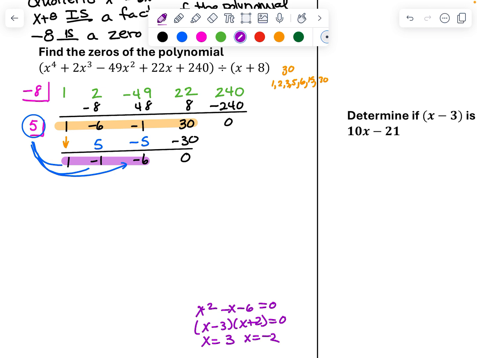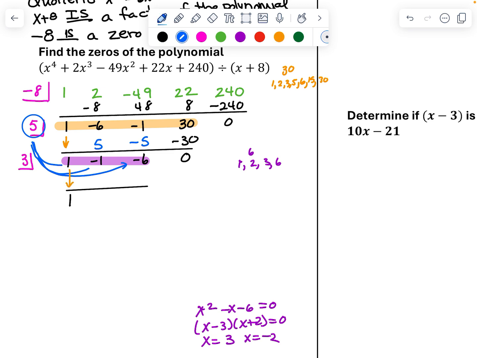That's fine. So now I need factors of negative 6. Factors of negative 6 are 1, 2, 3, and 6, and they're opposites. I'm going to randomly pick the number 3. So I'm going to put 3 in the box, put an equals bar, and pull my first number straight down, which is a 1.